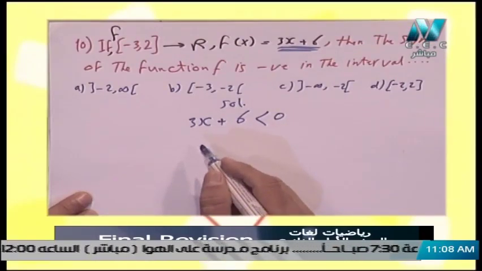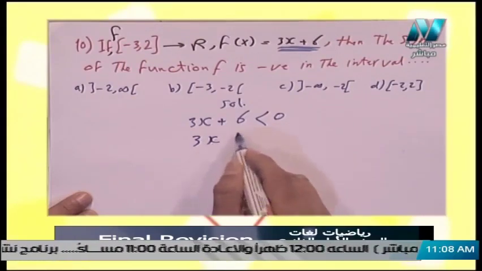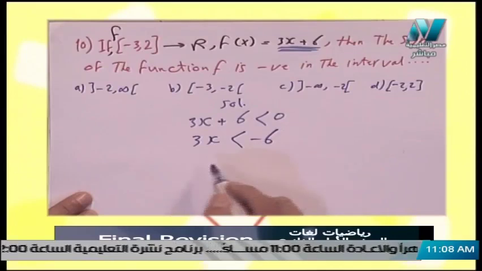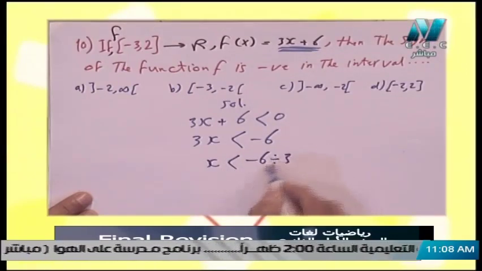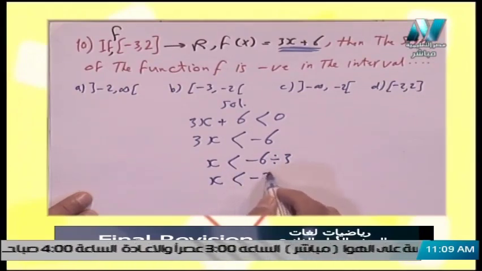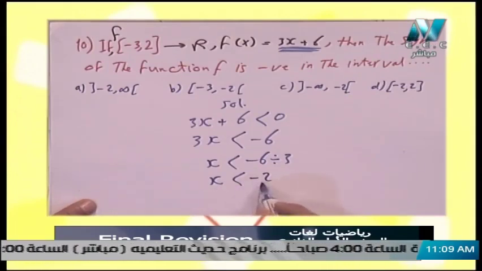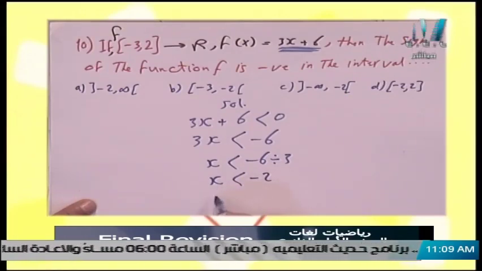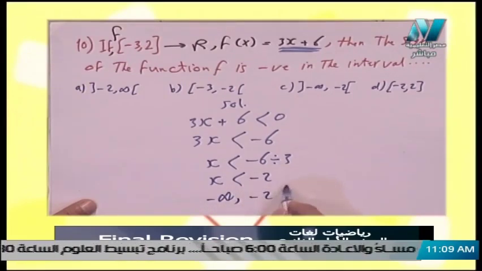And we will solve this inequality. 3x will be less than negative 6. X less than negative 6 divided by 3. So x less than negative 2. Less than negative 2 in general means negative infinity to negative 2 open.